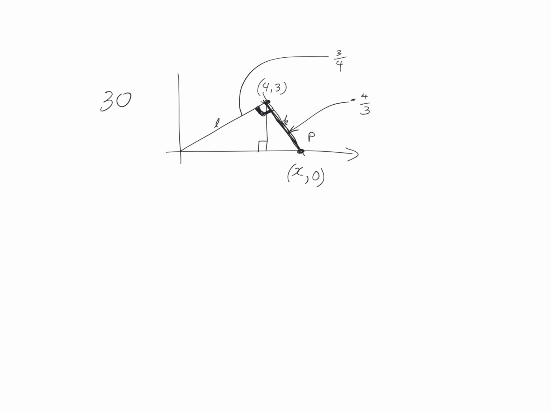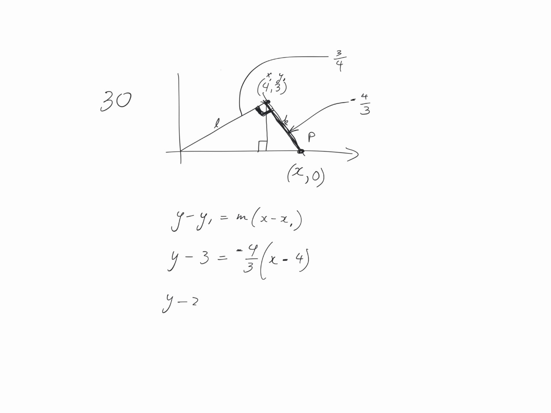And so we have the point slope form of the equation, y minus y1 equals m times x minus x1. And so I'm going to call this point here x1, this is y1, so I have y minus y1, which is 3, equals negative 4/3, x minus x1, which is 4.